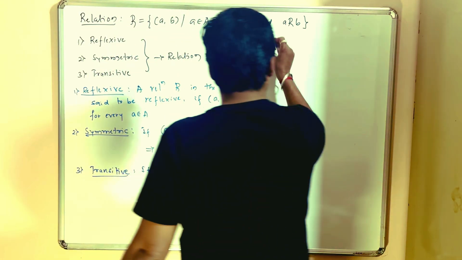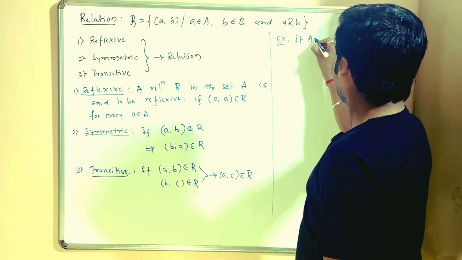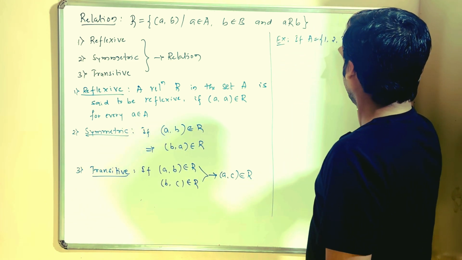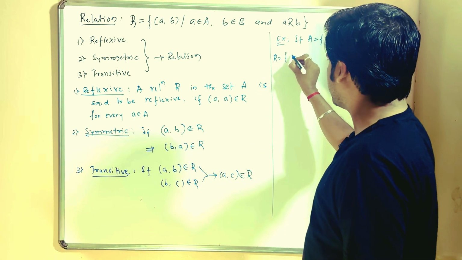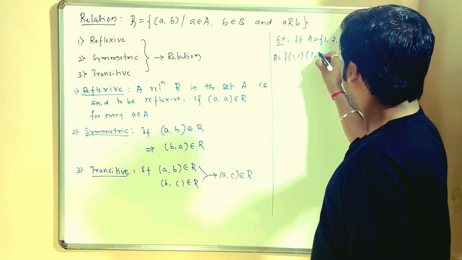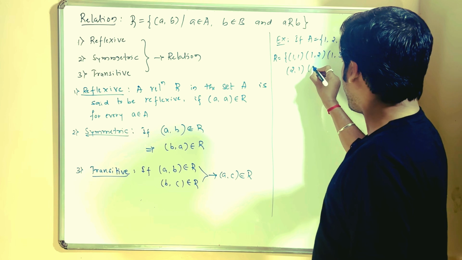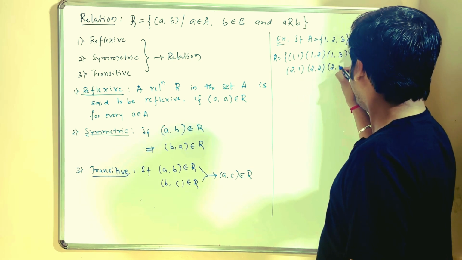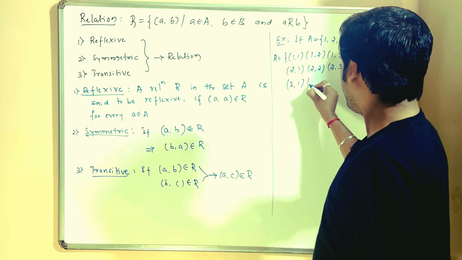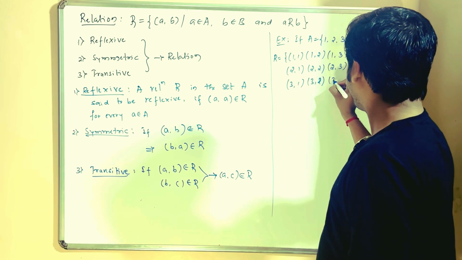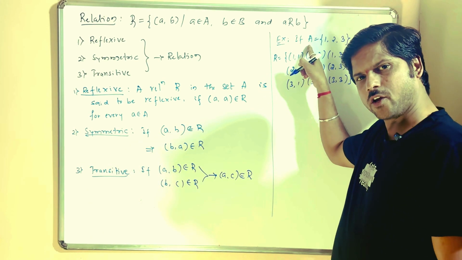Then how does it work? Consider an example, if A is equal to {1, 2, 3}. Here I will consider a random example relation: (1,1), (1,2), (1,3), (2,1), (2,2), (2,3), (3,1), (3,2), (3,3), because here the Cartesian product is A cross A only.